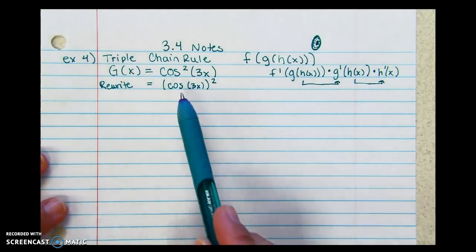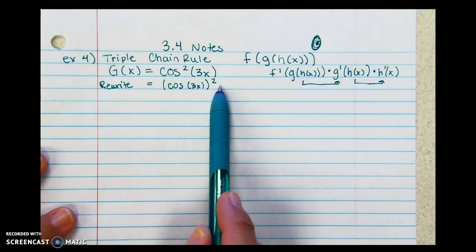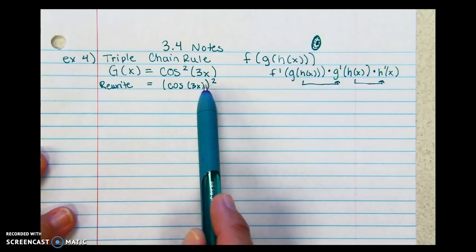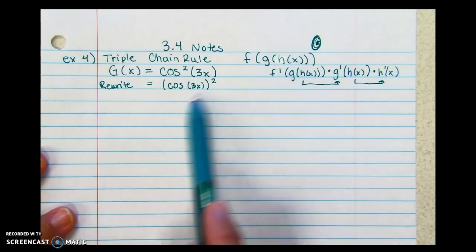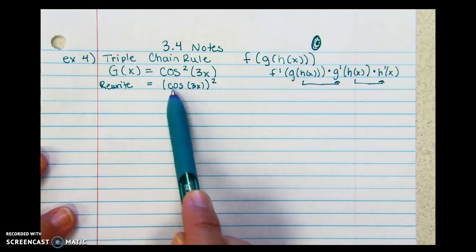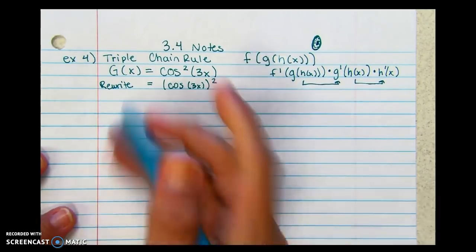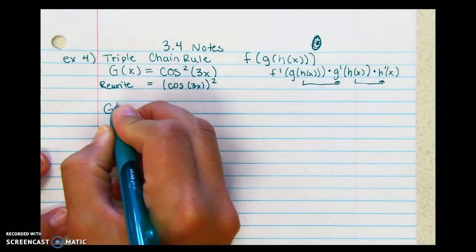Do you see how I rewrote that? We need to see the cosine of 3x is all being squared. So what's the inside function? The most inside is our 3x, and then the second layer is the cosine, and the outside layer is the square. You ready? We're going to find capital G prime.